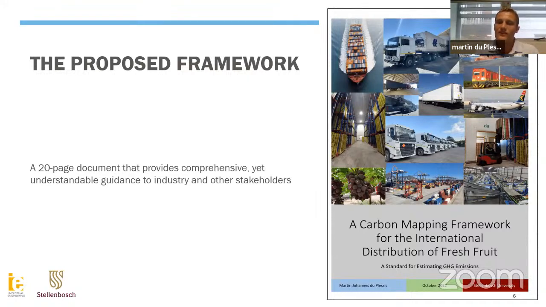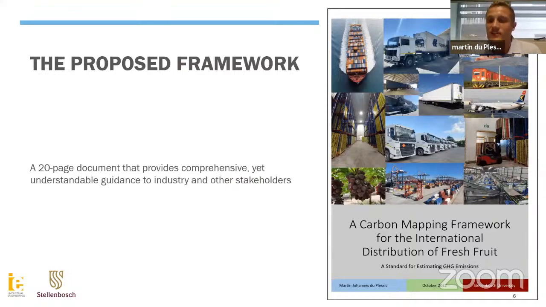So for a shipment of fresh fruit, whether it's table grapes, pome fruit, citrus, subtropical fruit, blueberries, you name the type of fruit, this framework was specifically developed for those types of fruit. So this 20-page document is a recipe that contains all the necessary factors, the ingredients, to quantify the emissions.